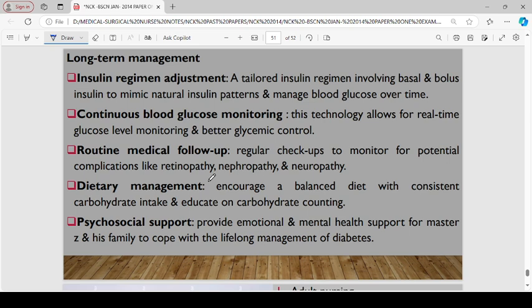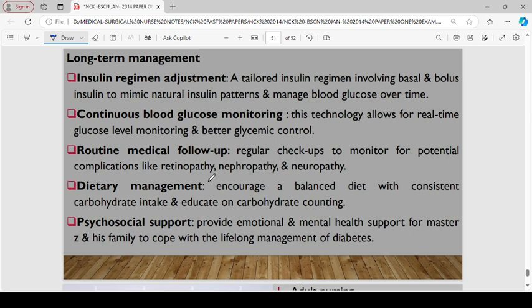And we have continuous blood glucose monitoring to allow for real-time glucose level monitoring and better glycemic control. We have routine medical follow-up, to check and rule out complications like retinopathy, nephropathy, and neuropathy.